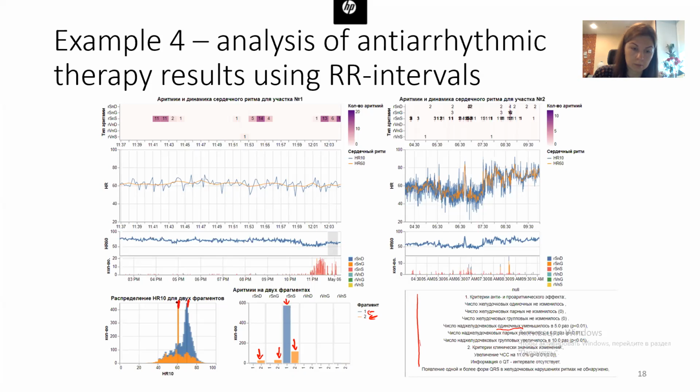We see that the mean heart rate is less after the therapy than before.